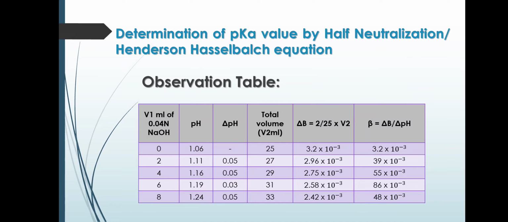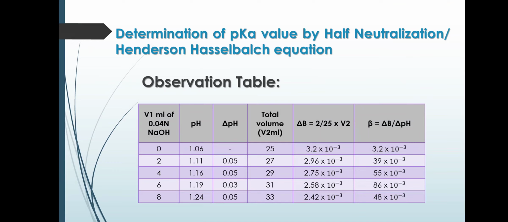Observation table. We have got all these readings by performing it practically. V1 is the volume of 0.04 normal sodium hydroxide, that is 0 to 8 ml: 0, 2, 4, 6 and 8 ml. Then we have recorded the pH of the solution after addition of every 2 ml of 0.04 normal NaOH.